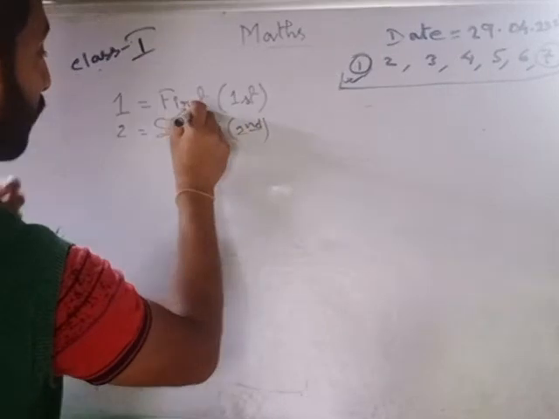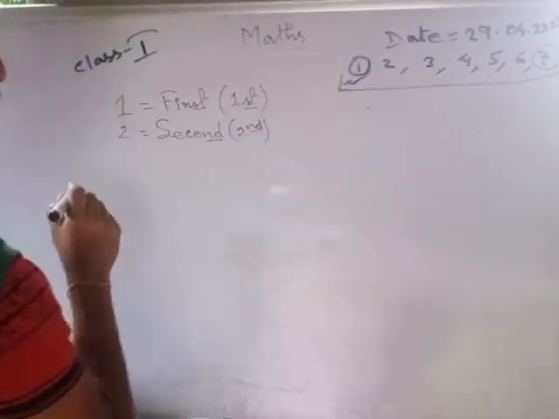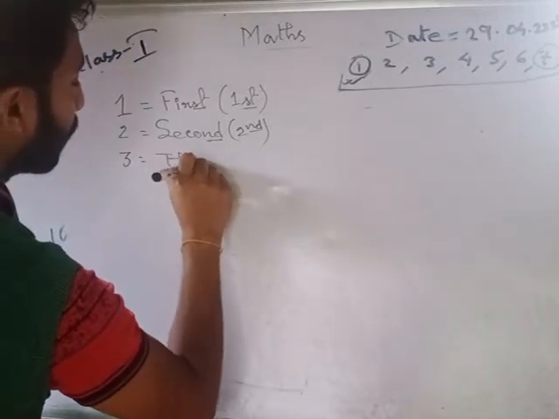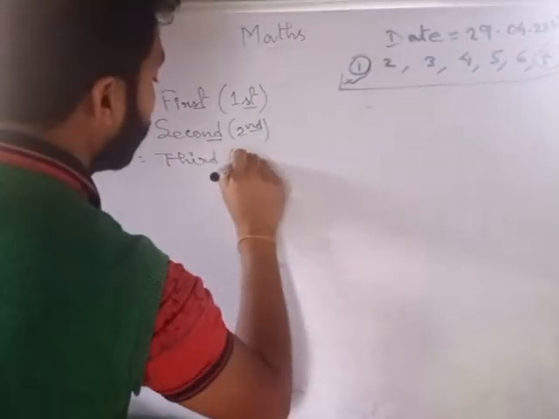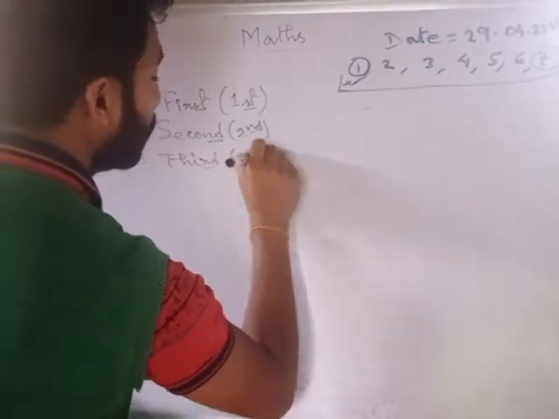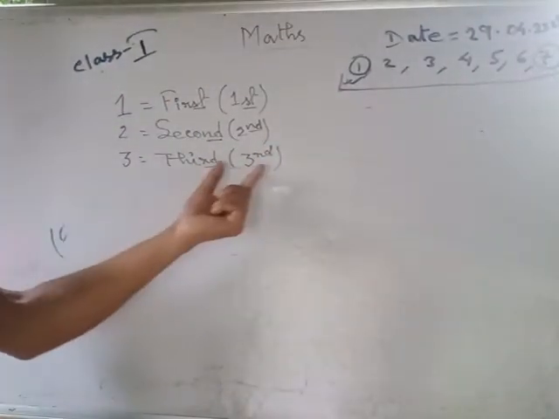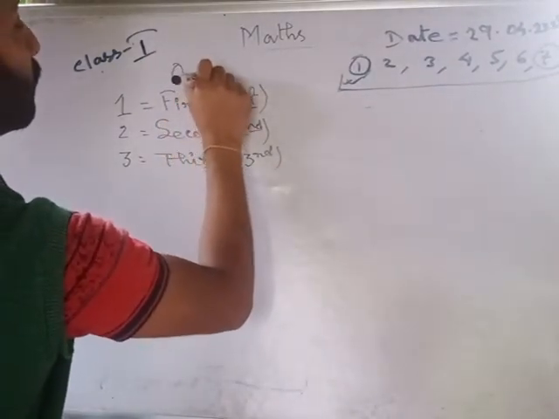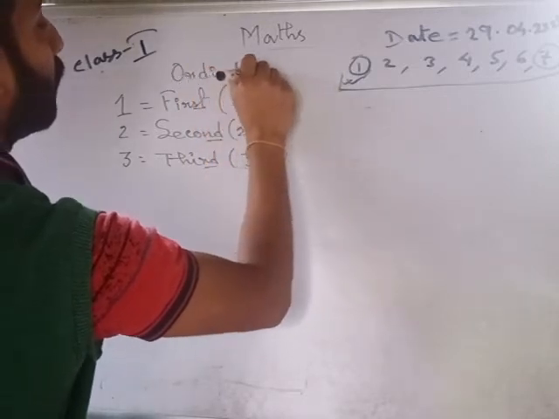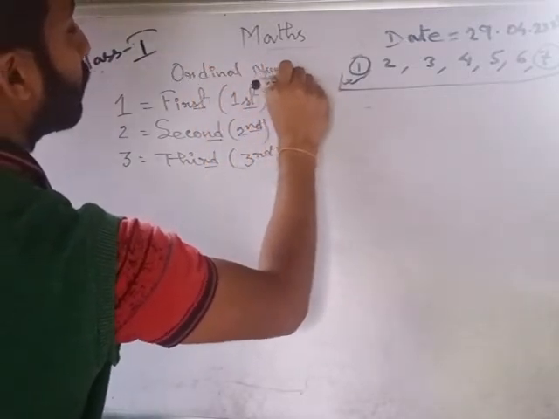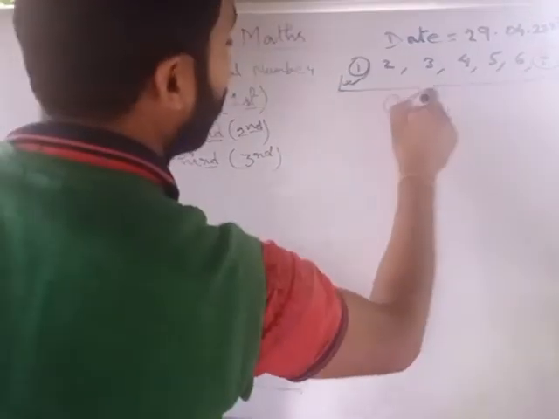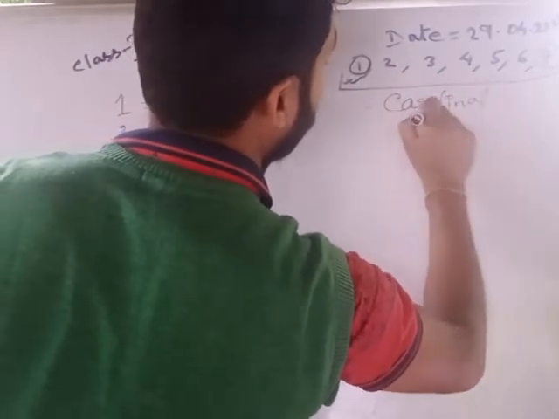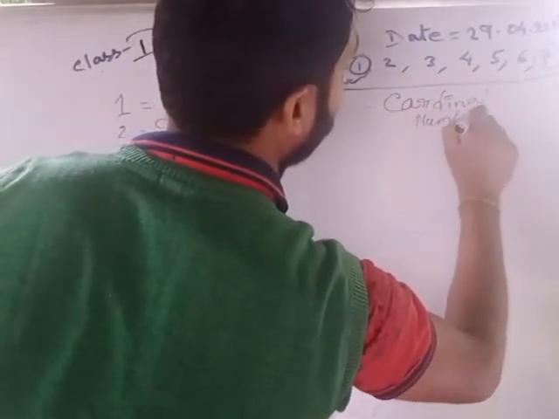That means you should write the number first, then ST, so we should write here ST. Third, that means 3, after that RD. So we should write here the short form of third. This one is called the ordinal number. This one is called the cardinal number.